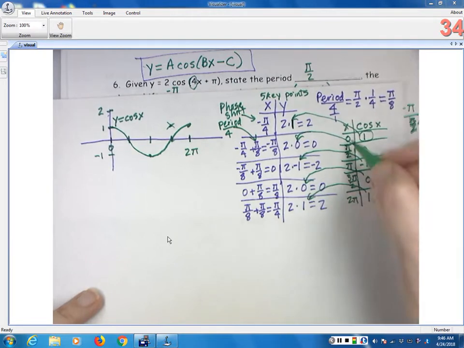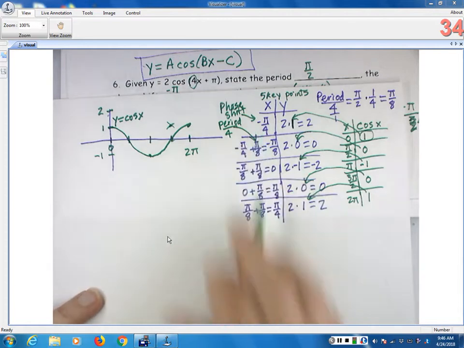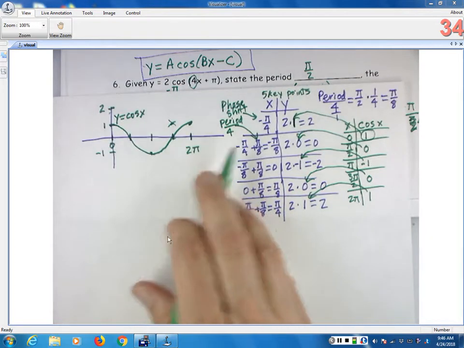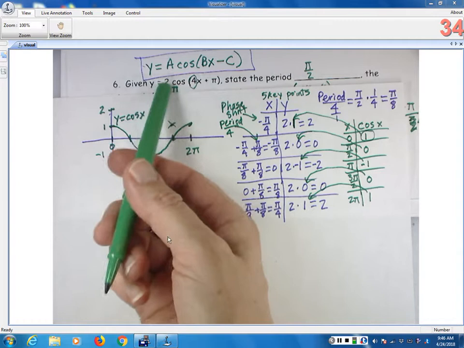These are the 5 key points in a regular cosine function. When I figure out my 5 key points by taking the phase shift and then adding the period over 4 and getting my 5 x's, then all I'm doing is multiplying by 2 here.